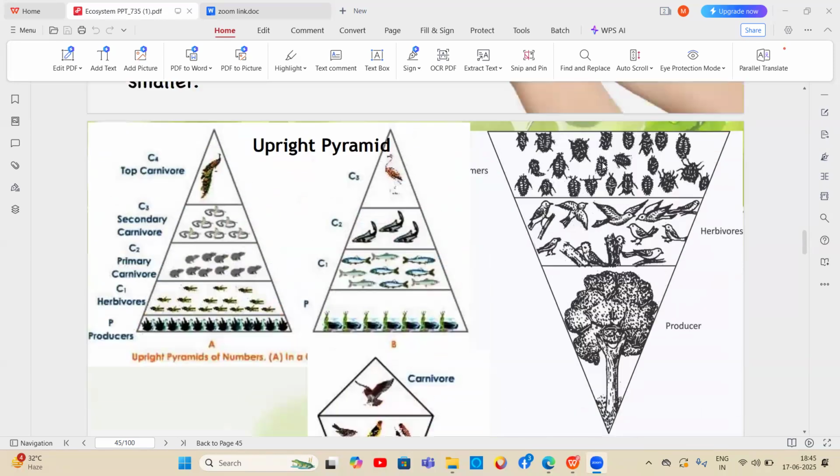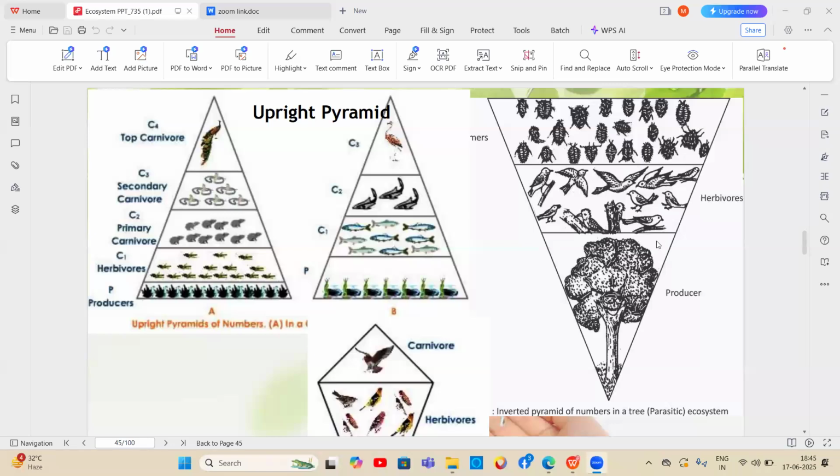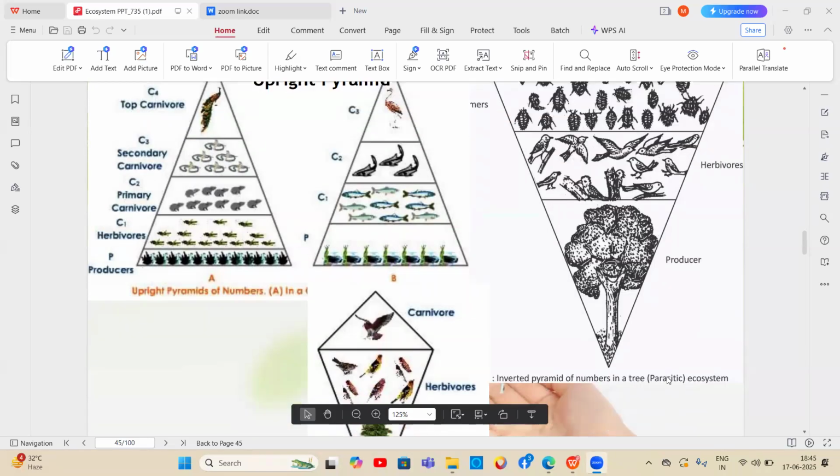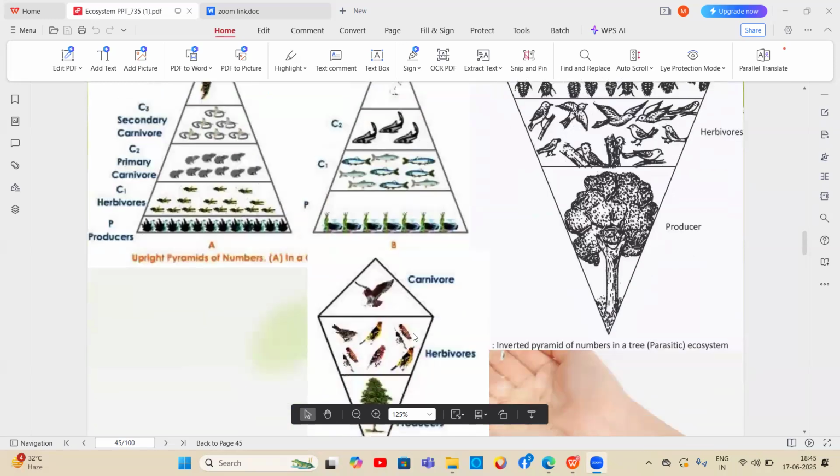The parasites are more in number, and the hyperparasites are smaller in size and larger in number. Due to this, the pyramid of number is inverted in the parasitic ecosystem.